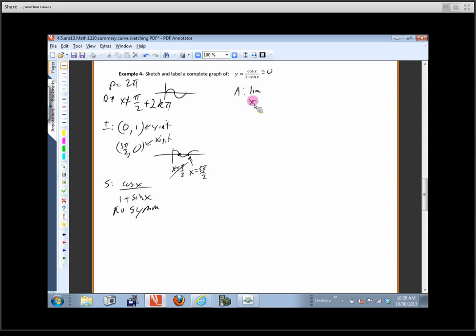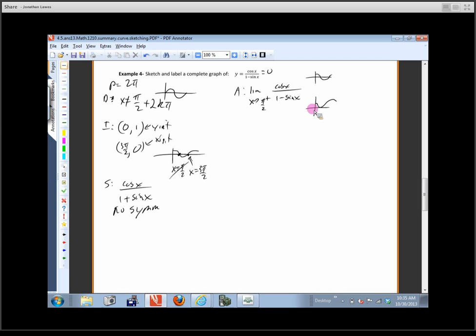But I do need to check the behavior around pi halves. And I want to approach pi halves from the positive side and the negative side. So let's see what we end up with here. This is the cosine of x, and this is 1 minus sine of x. Now cosine looks like this. And 1 minus sine looks like this. It's been moved up 1 and flipped upside down, so it actually looks like this.